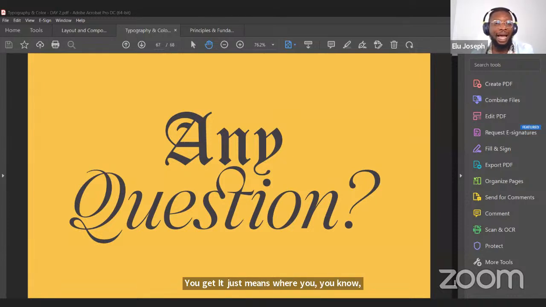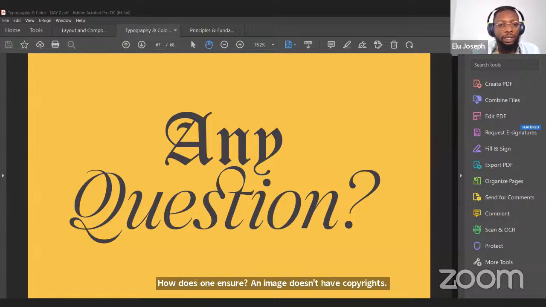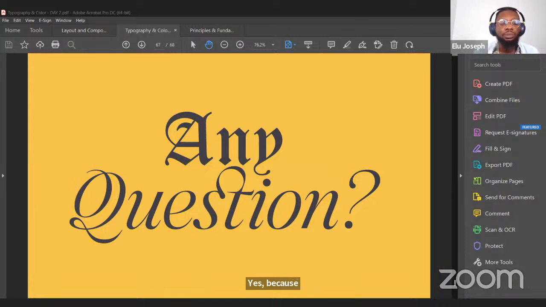How does one ensure an image doesn't have copyrights? One is to use a stock image, because stock images are purchased. When you buy something, you have all the rights.